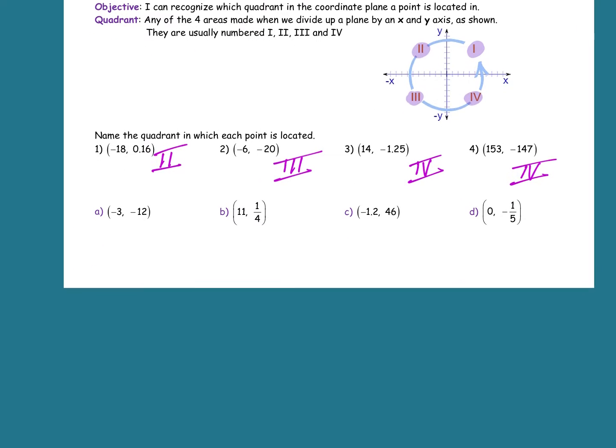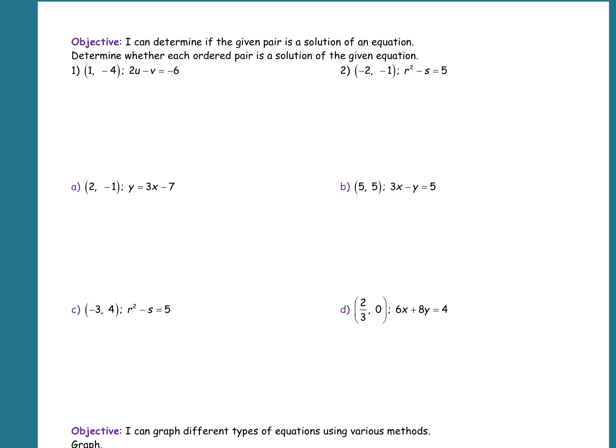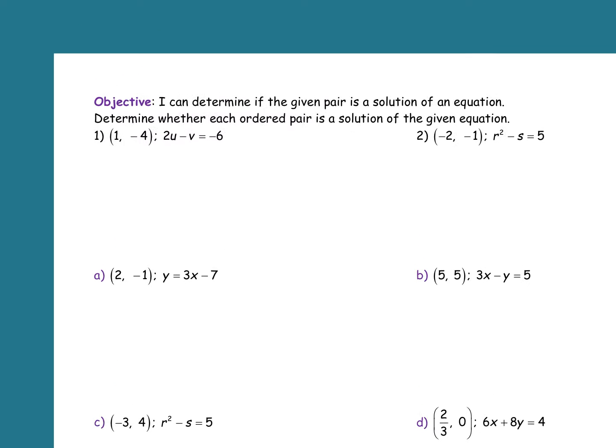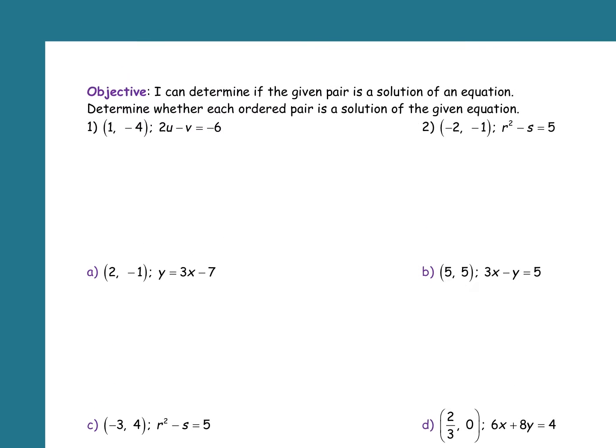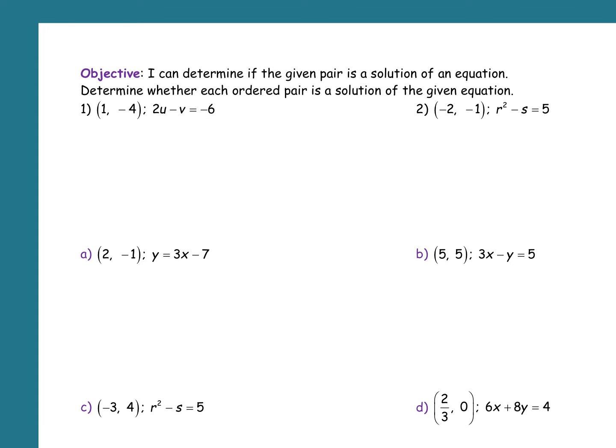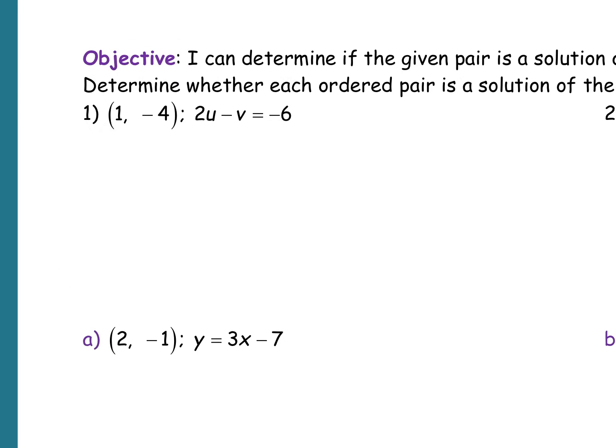Okay. Go ahead and just take a few seconds. So now we're going to determine whether an ordered pair is a solution to an equation. So I want to know if (1, negative 4) is a solution to 2u minus v equals negative 6. Okay? So how do I do that? Does anyone have any ideas on what I would do? You would plug it in.